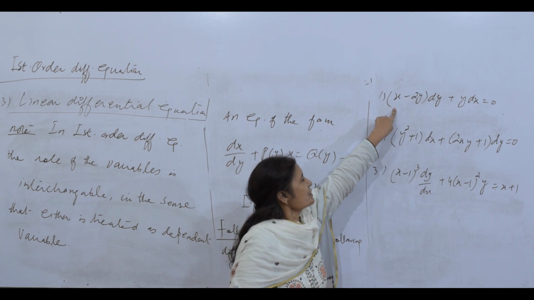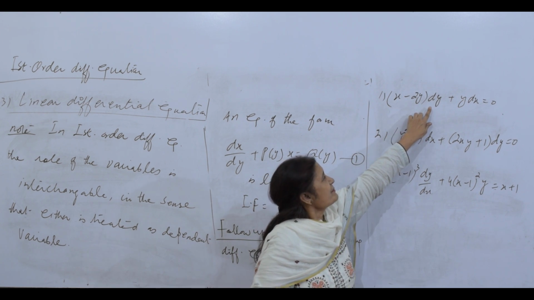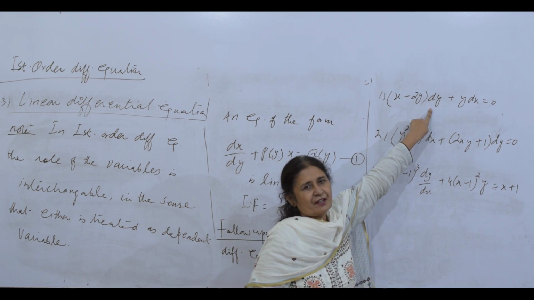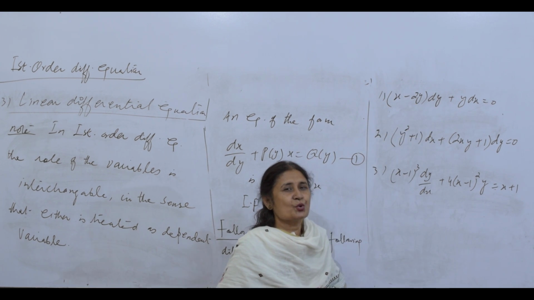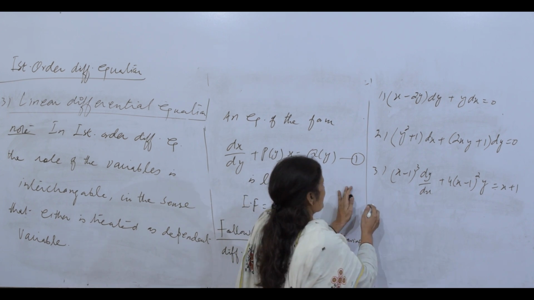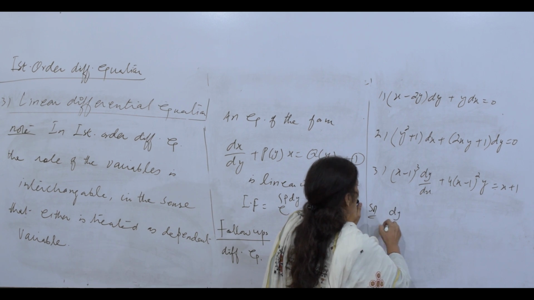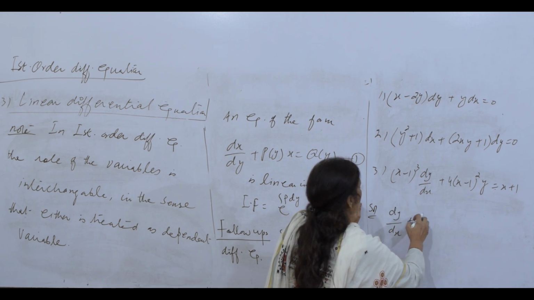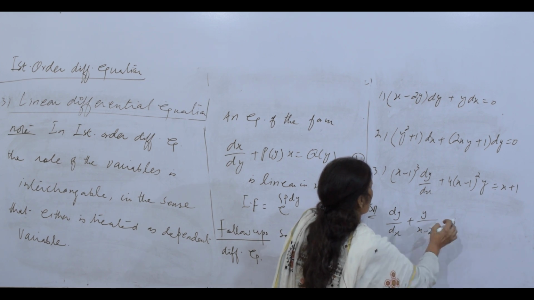Look at the first equation. If I am looking, this y is multiplied with dy, and if dependent variable is multiplied with the derivative, it is not linear. It is not linear in y. If I am writing, for example, dy by dx plus y over x minus 2y equal to 0.